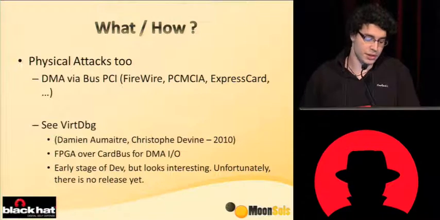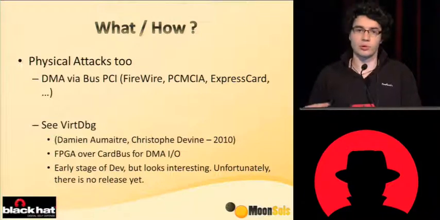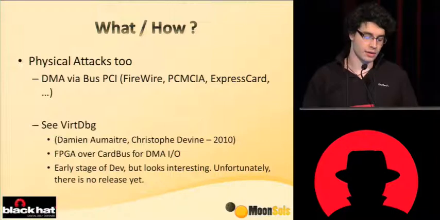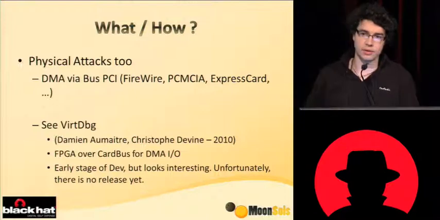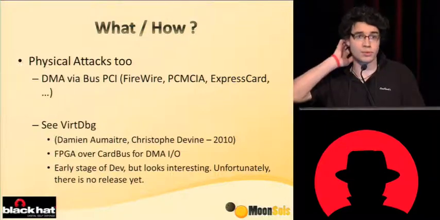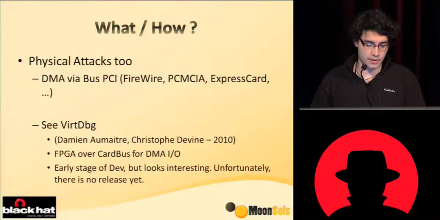Using an FPGA over a card bus, they are able to access the physical memory, and they wrote their own debugger. So it's interesting to see how to access the physical memory by using DMA access.